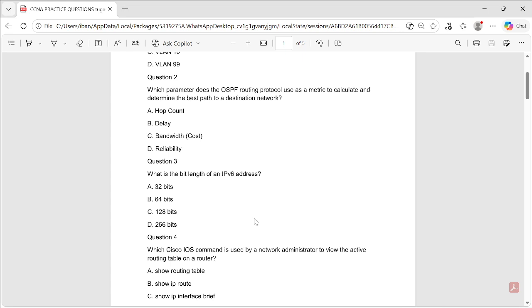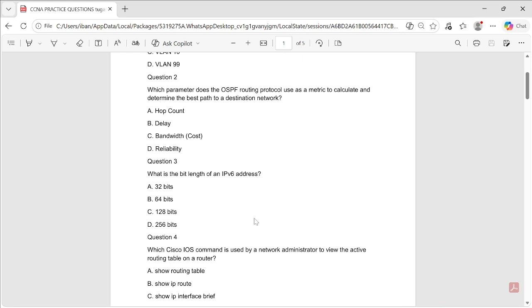Next, question number three: what is the bit length of an IPv6 address? A, 32 bits; B, 64 bits; C, 128 bits; D, 256 bits.